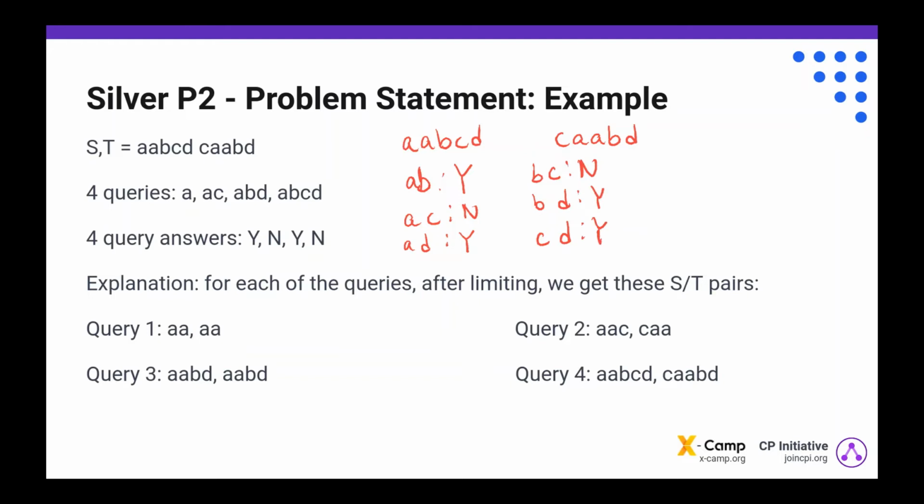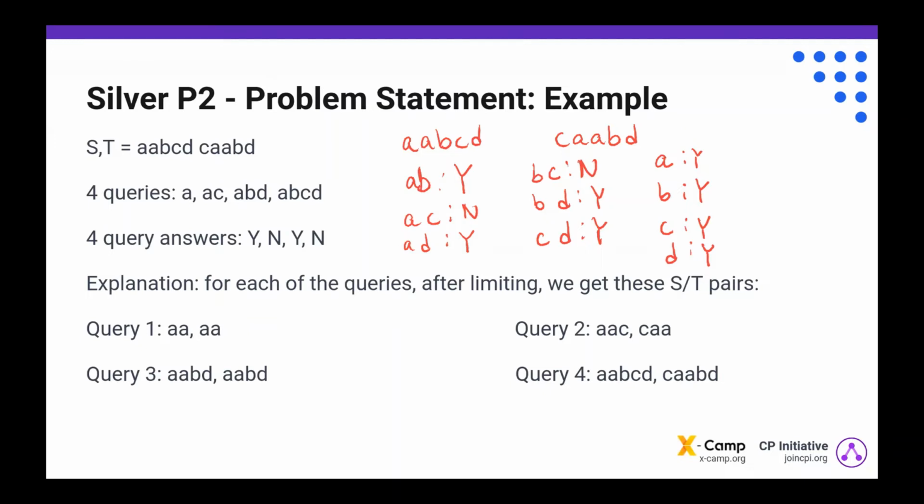So these are all subsets of length 2. We don't count duplicates, we don't count repeats. And then we also have subsets of length 1. A is yes, B is yes, C is yes, D is yes. This is because the frequencies of all of these are the same. There's 2 A's, 1 B, 1 C, 1 D in both of these S and T.